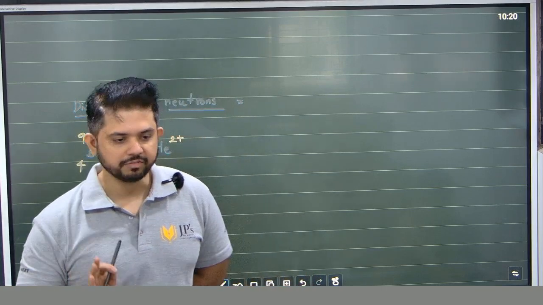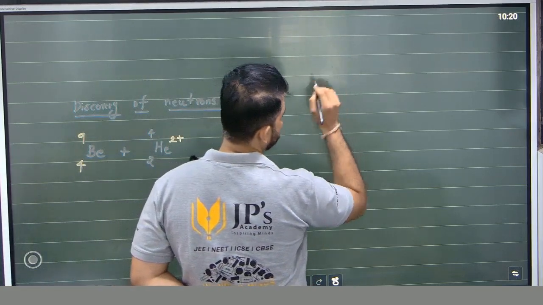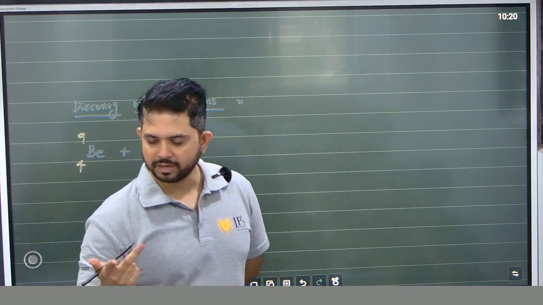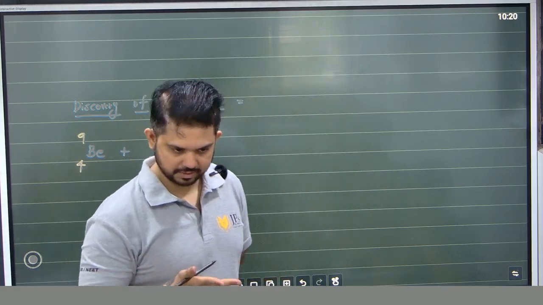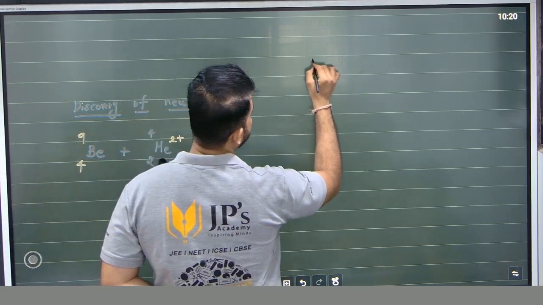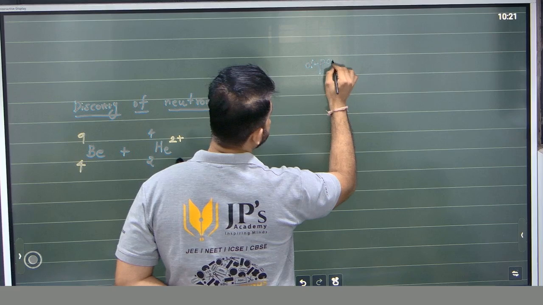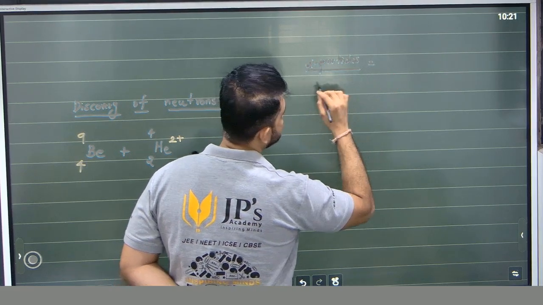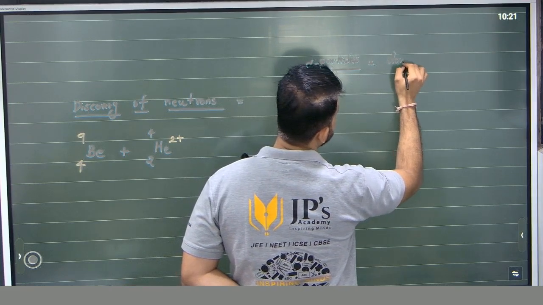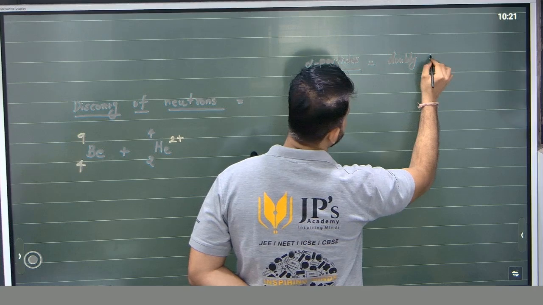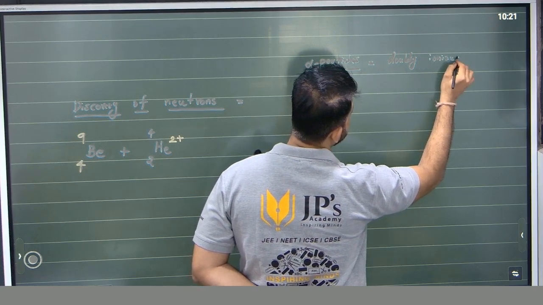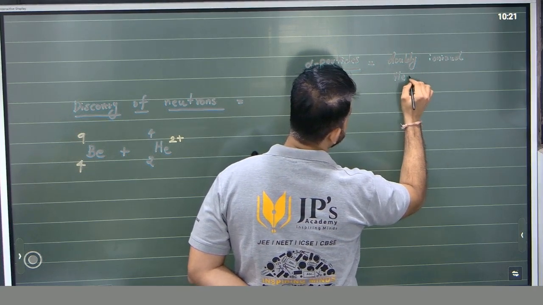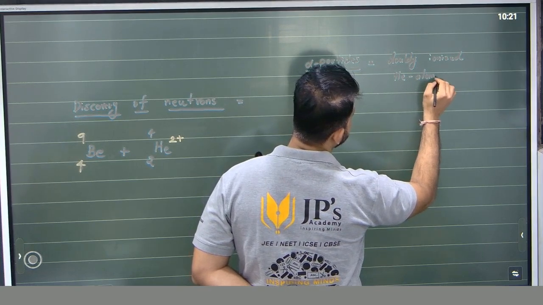So what are alpha particles? We covered alpha particles, beta particles and gamma rays earlier; if not, we'll do it again. Alpha particles are doubly ionized helium atoms.